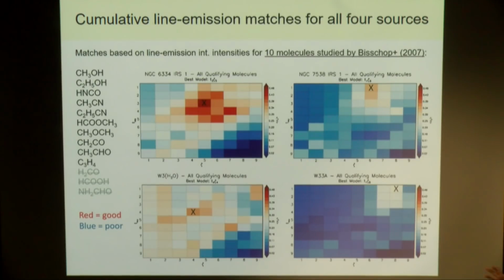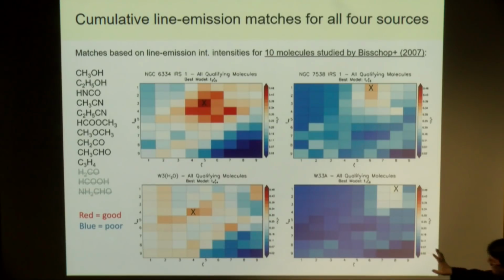I think we understand what the underlying chemical issues are there, but we threw them out for that reason. But it's based on these 10 molecules. So what we see, in fact, is that firstly we can fairly uniquely pick out regions, this one maybe not quite so much, but generally pick out a fairly unique region of parameter space that best matches observations.